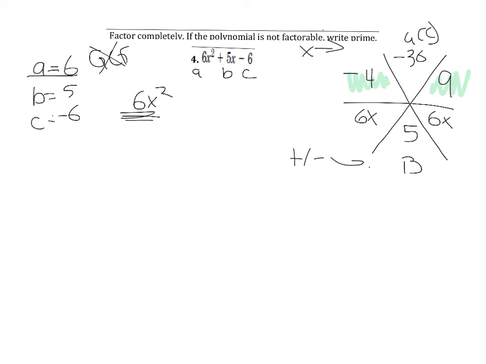Now let's check. -4 times 9 is -36. When I add the -4 and the 9, I get 5. So at this time I am ready to go into the next step.